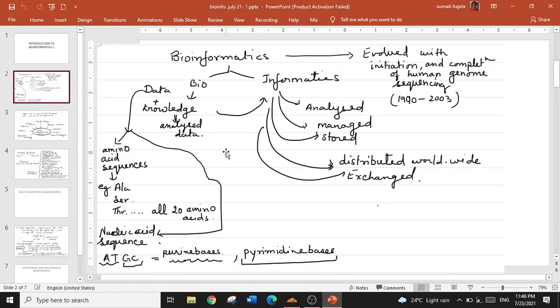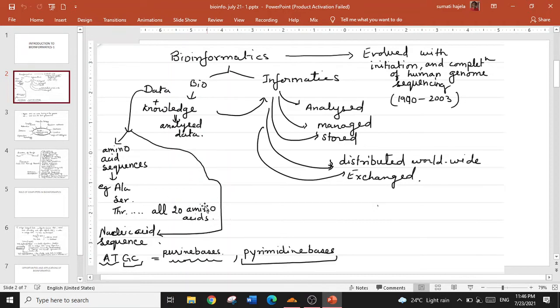So the data that belongs to biology will come under this heading. Like amino acids are building blocks of proteins, and their sequences make up protein structure.